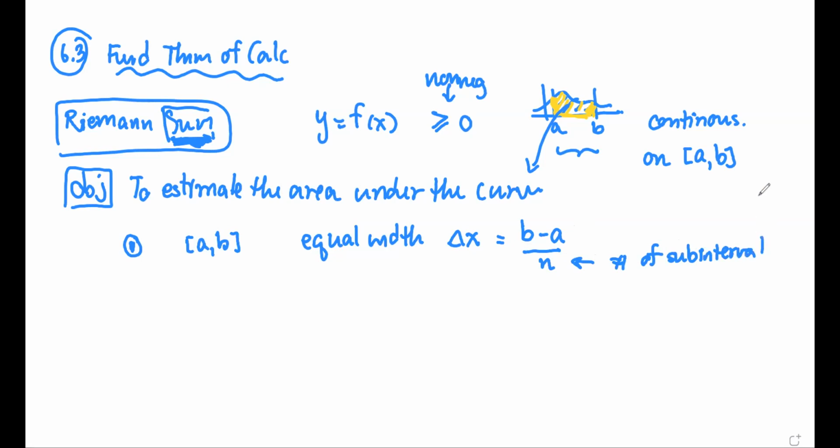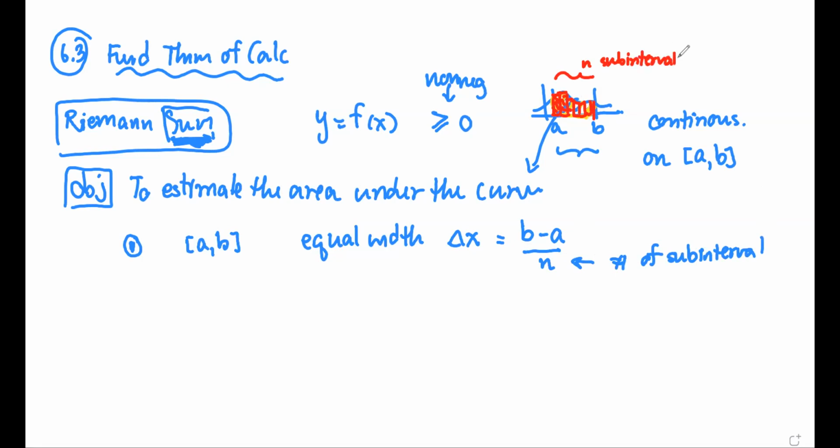Because the idea of this is we are going to break this up into small portions and make each one a rectangle, and we find the area of each rectangle. So we have to find out how many sub-intervals we're going to use.